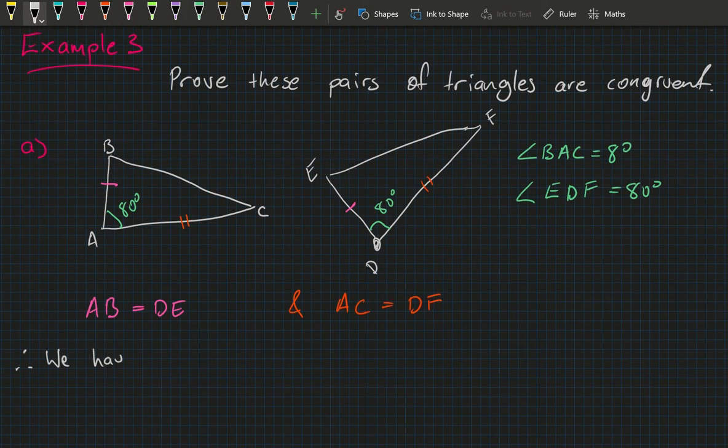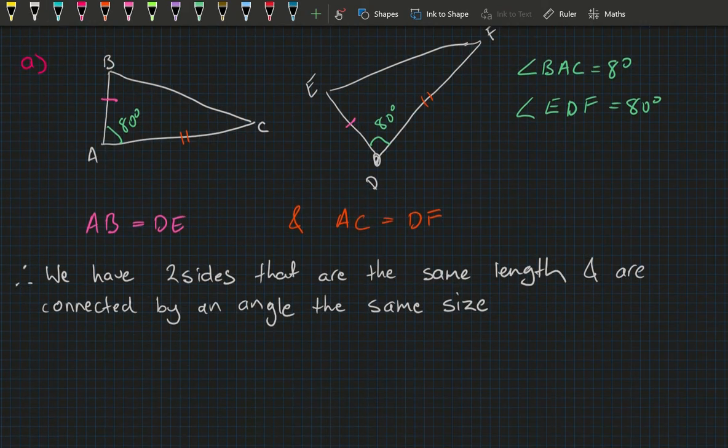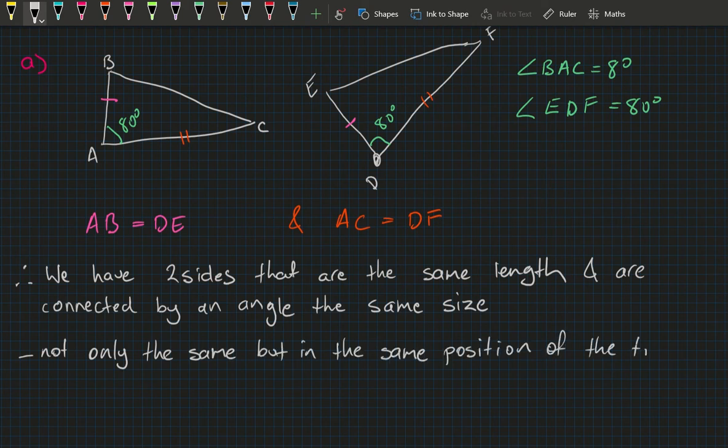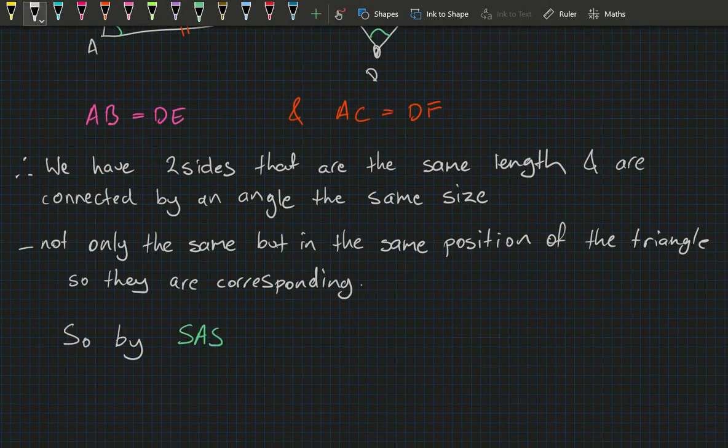Therefore, we have two sides that are the same length and are connected by an angle of the same size. Not only do we have two sides and an angle the same, but they are in the same position around the triangle in relation to each other. So they're clearly corresponding to each other. So by SAS, ABC is congruent to DEF.